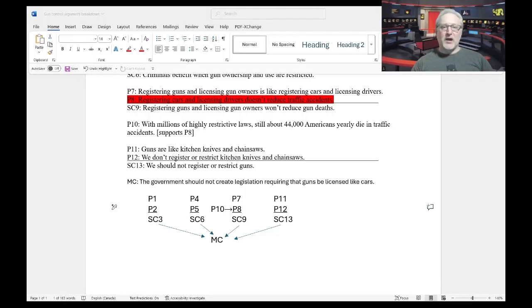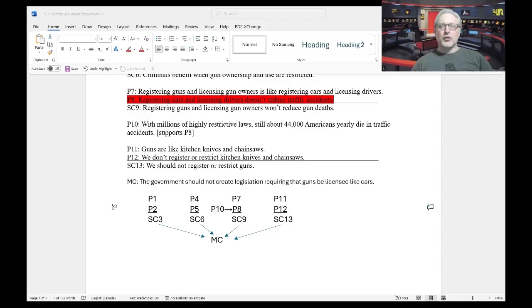In the same way, you can't use the number of deaths due to traffic accidents to infer that registering cars and licensing drivers doesn't reduce traffic accidents.